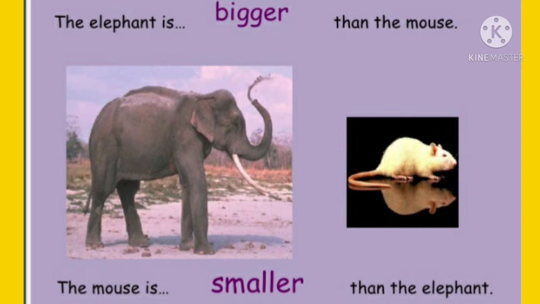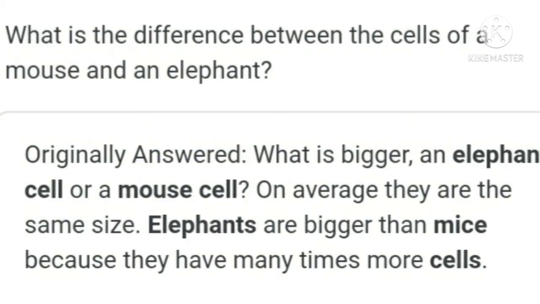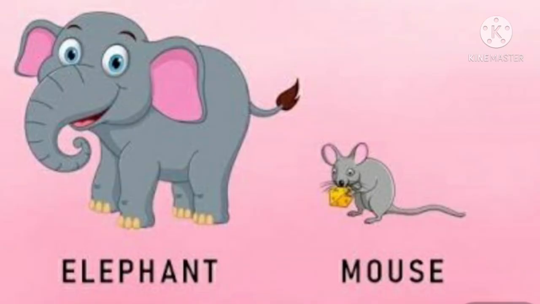The large size of the elephant is due to the large number of cells present in its body, not the volume of the cell. The number of cells in multicellular organisms is usually correlated with the size of the organism. Thus, a small sized organism has fewer cells in comparison to large sized organisms.